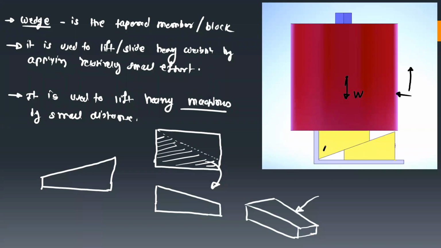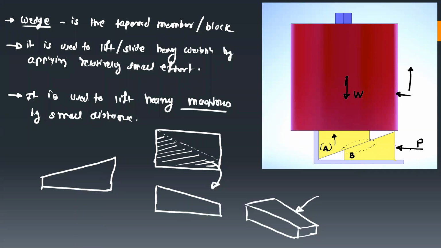Here we have wedge A and wedge B. If you apply a horizontal force on this wedge B in this direction, let us take this force to be P, then wedge A will move in the upward direction, because at the contact between wedge A and wedge B there is a relative motion.